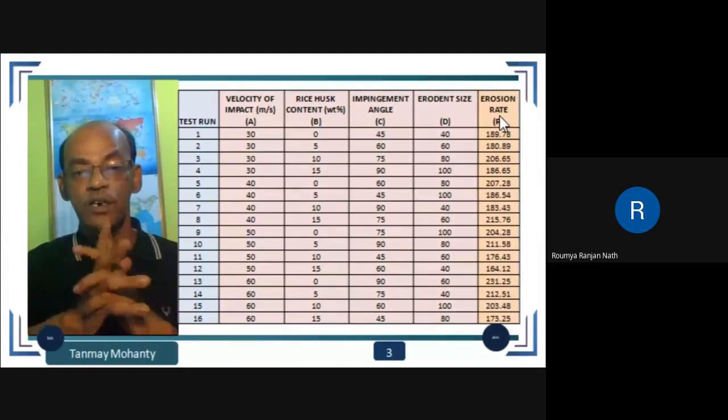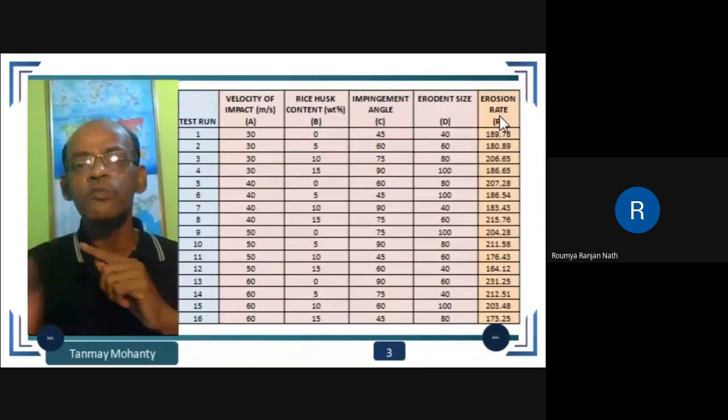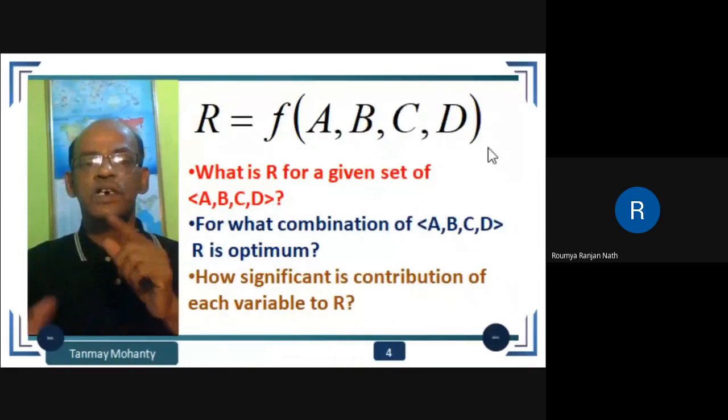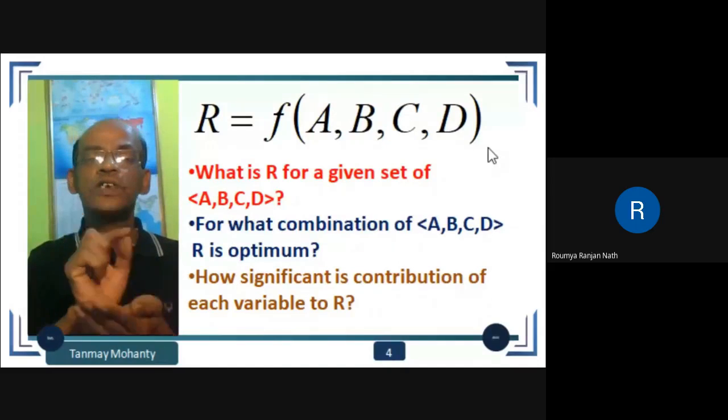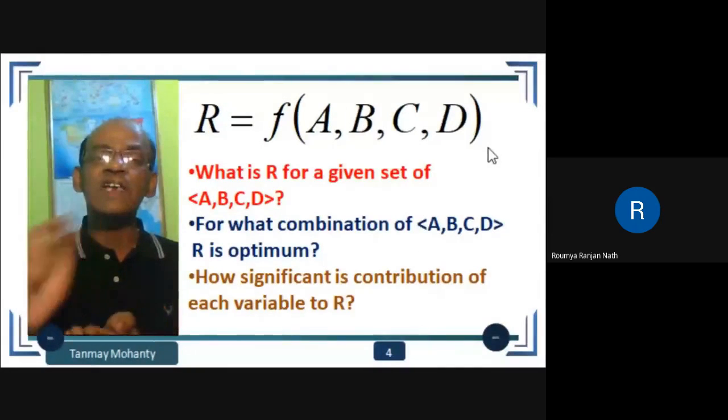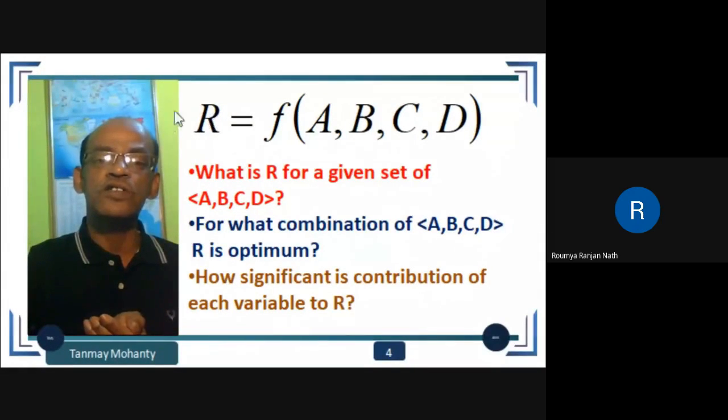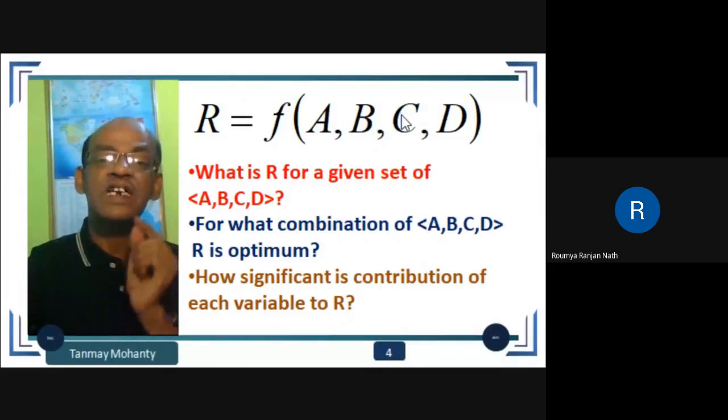We want to formulate the relationship. Our objective is to develop a function that relates this R, erosion rate, as a function of the input parameters: the velocity of impact, the rice husk content, impingement angle, and erodent size.